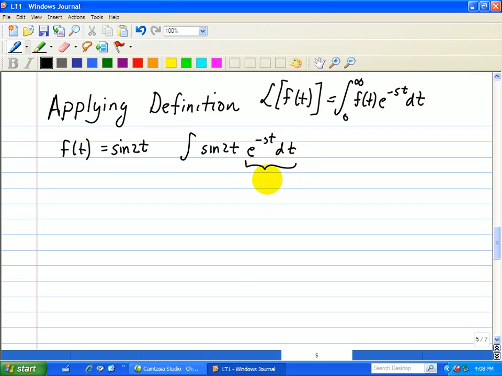So here we define again du, we define this to be v.